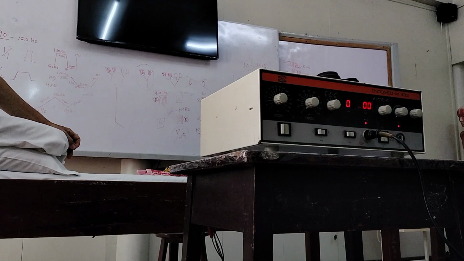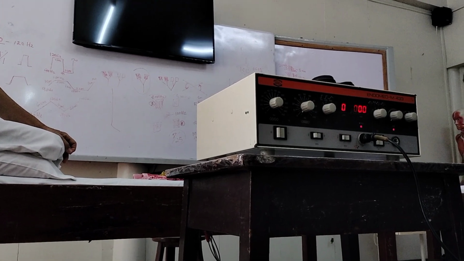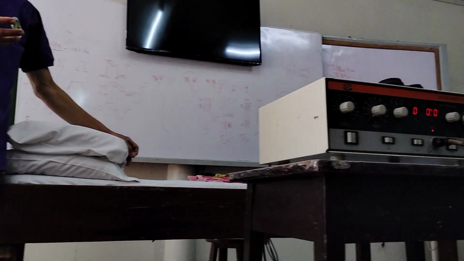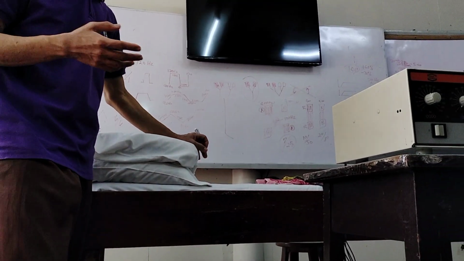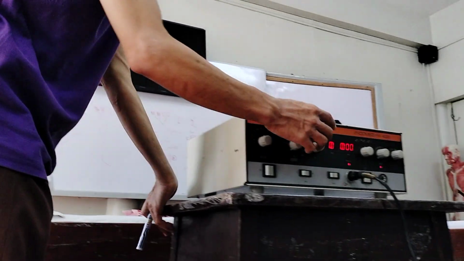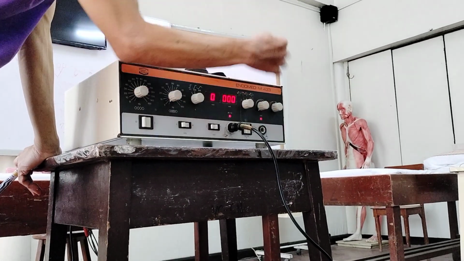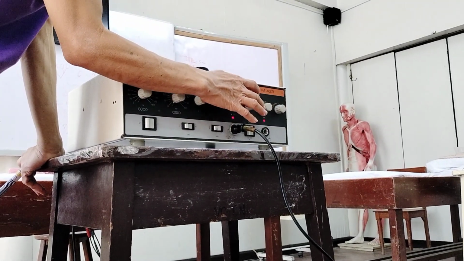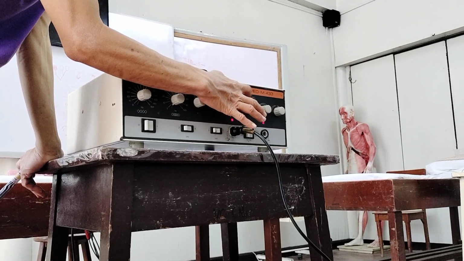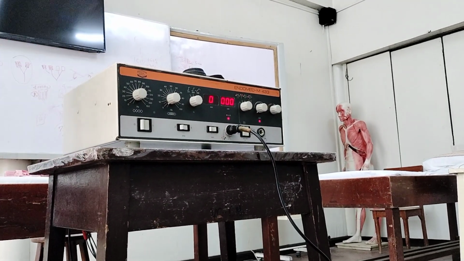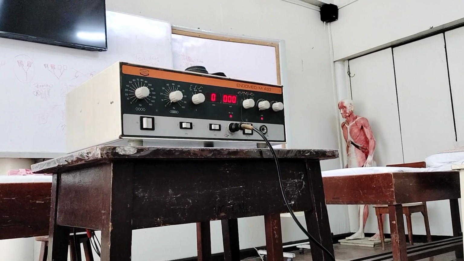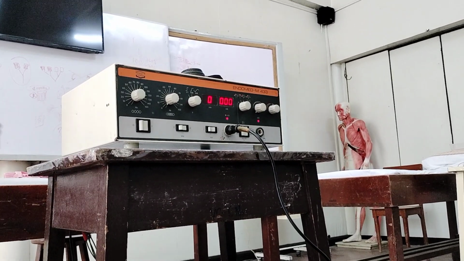With regards to quadripolar, one is without vector scan, the other one is with vector scan. This third one is without vector scan. I'm going to discuss vector scan later.